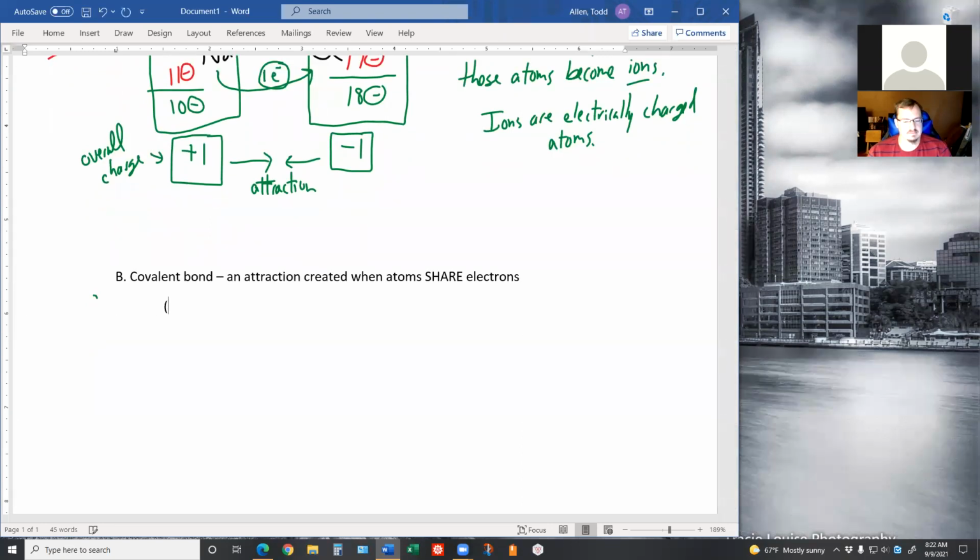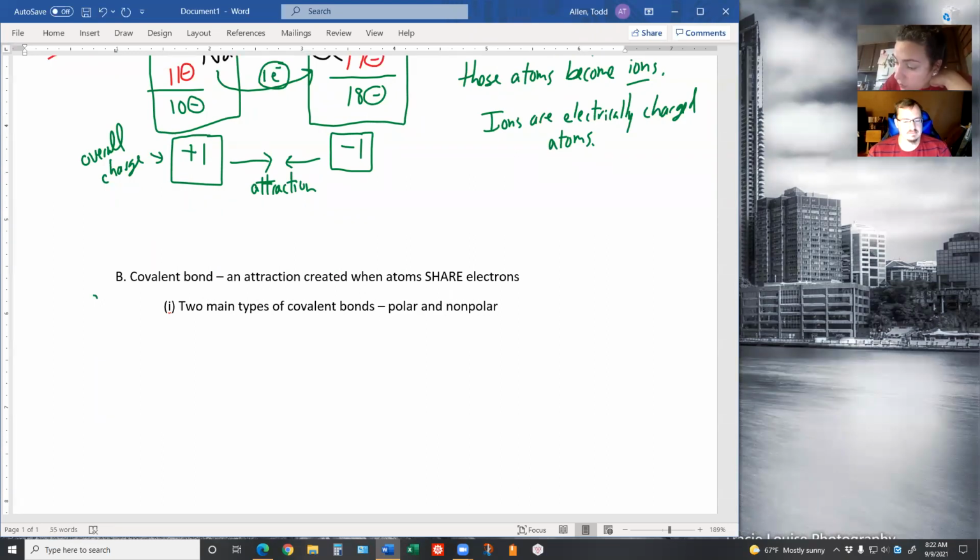There are two main types of covalent bonds. We have the polar and nonpolar covalent bonds. And so we need to talk about each one of these.